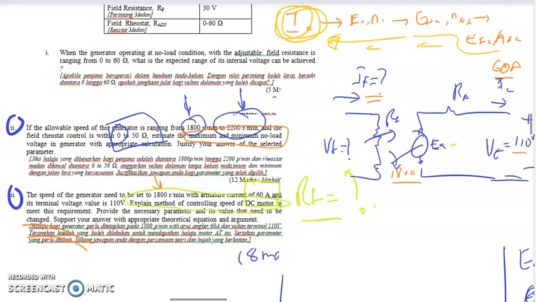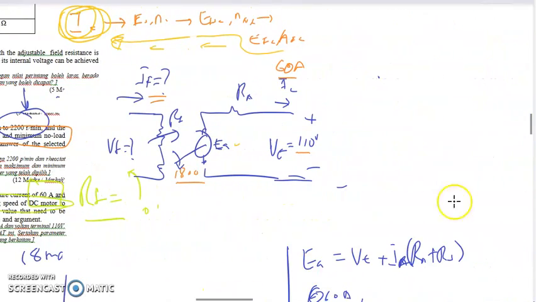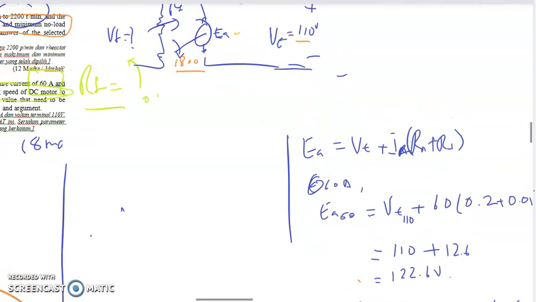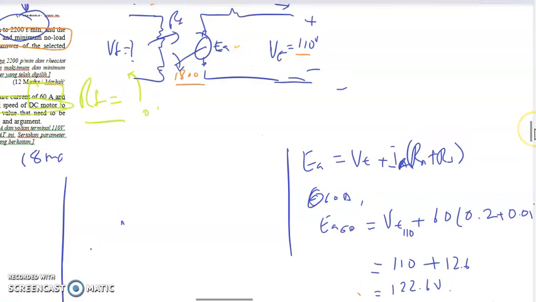Okay. From the backward direction, what we need to do is find the internal generated voltage of the circuit at full load.